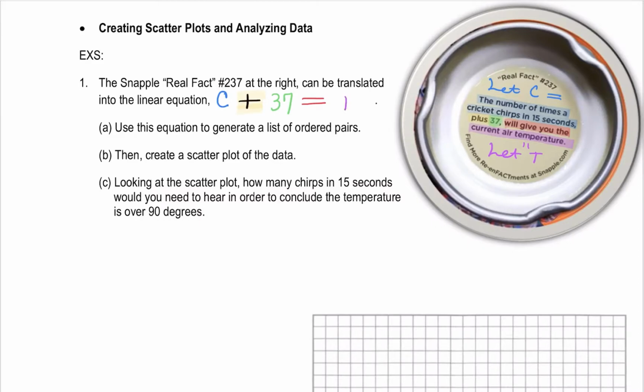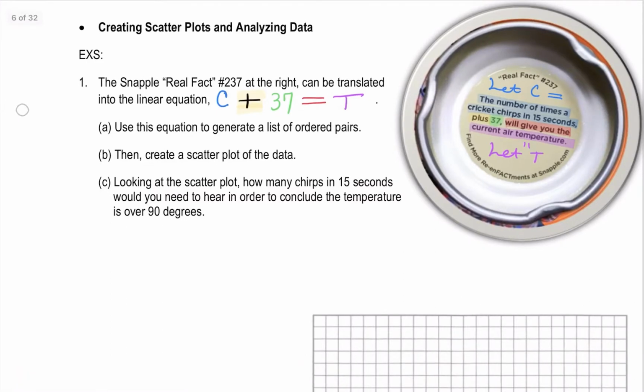All right, so there is my equation. Probably more traditional to write that equation off to the side as just T equals C plus 37. That's probably a little more common of an order.